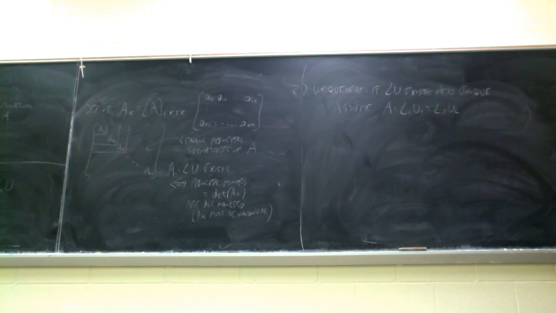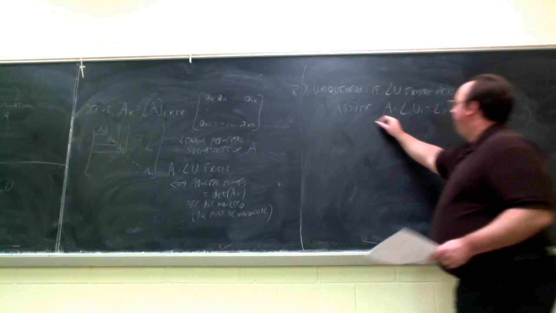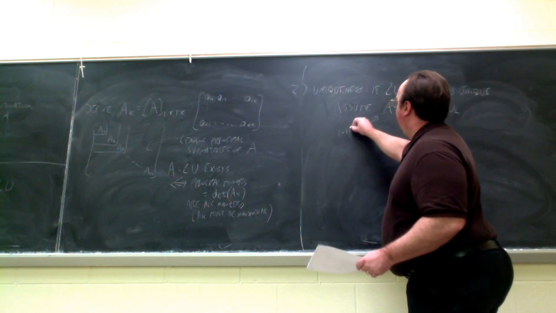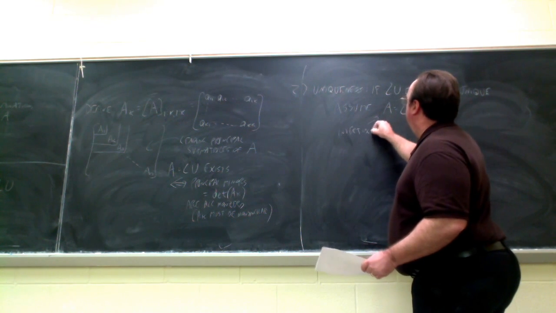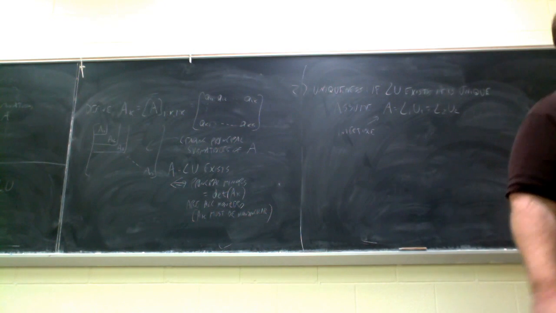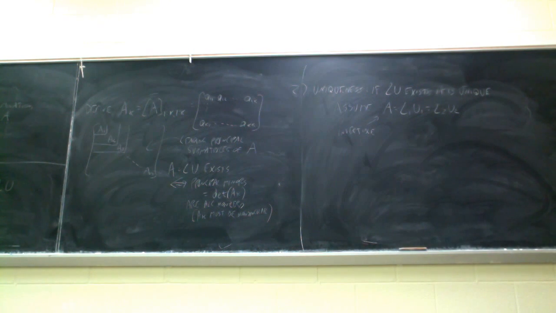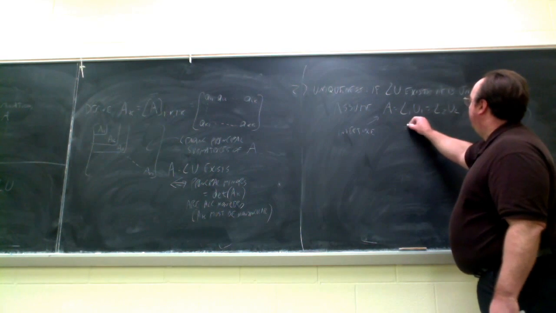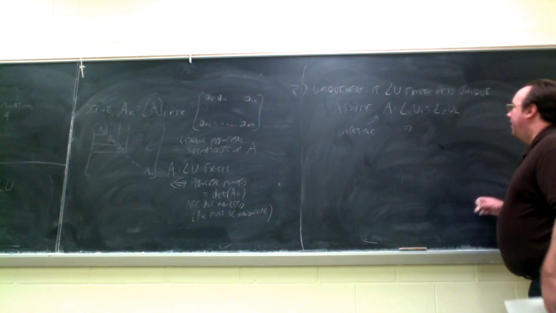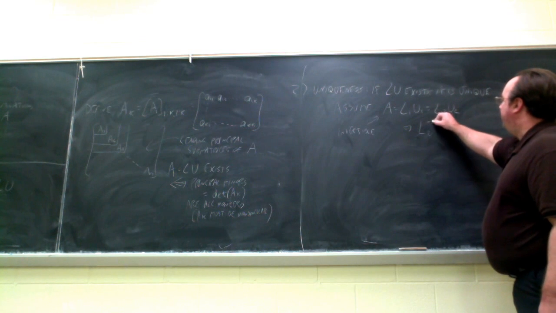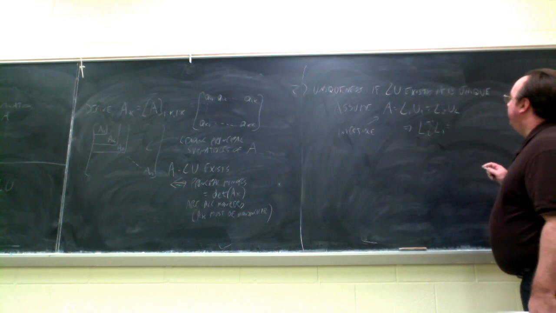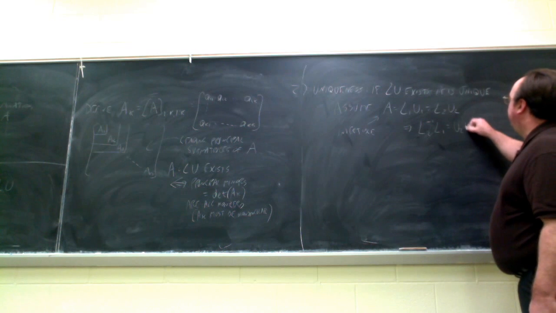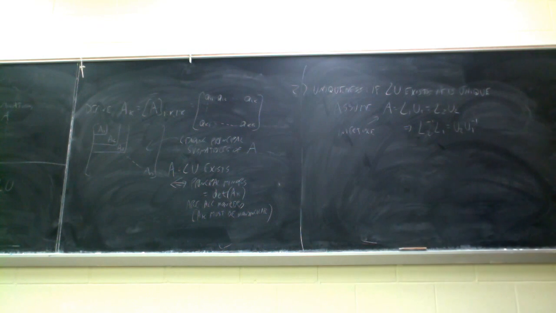Now, A is invertible, so all of these factors are also invertible. The L's are automatically invertible because each is a unit lower triangular matrix; its diagonal entries are all ones. Because A is invertible and L is invertible, U also must be invertible. So I can use the fact that these are invertible to move things to the other side: L2 inverse L1 is equal to U2 U1 inverse.